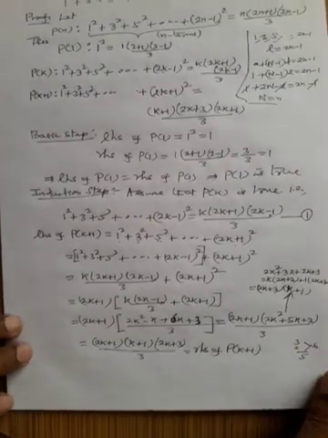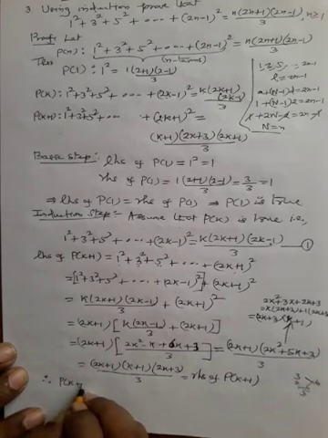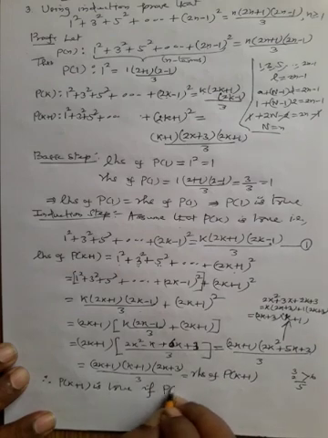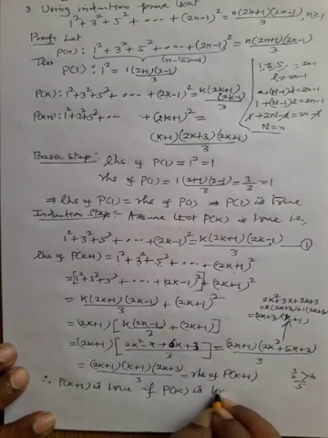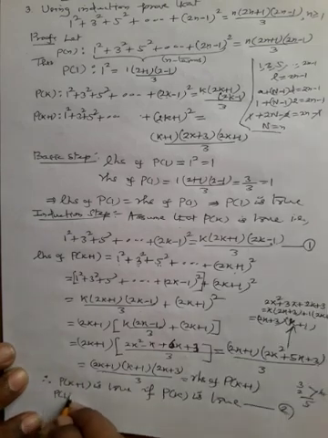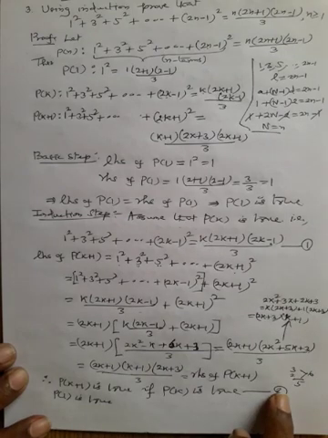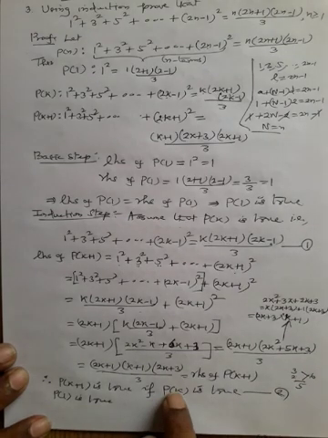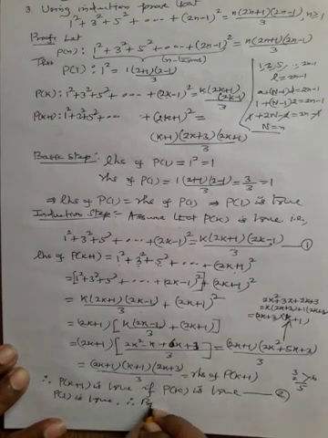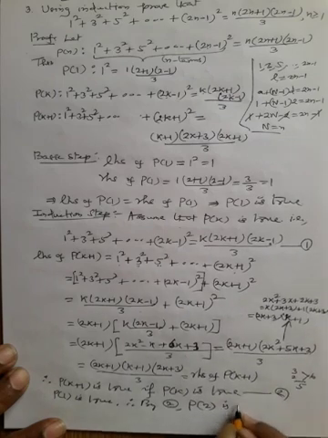Therefore the conclusion is: P of k plus 1 is true if P of k is true. This is our statement 2. P of 1 is true, we already proved. So statement 2 says whenever it is true for k, it is true for the next integer. P of 1 is true, therefore by 2, for the next integer 1 plus 1, P of 2 is true.